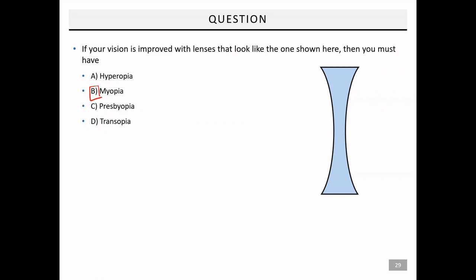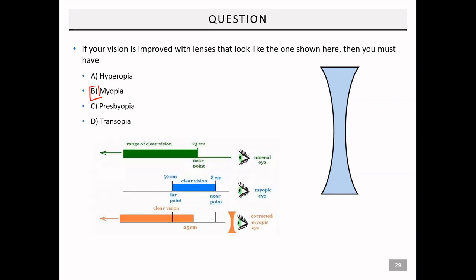So again, if you are nearsighted, then you have diverging lenses to correct your vision. Here's a graphic that I added to show you the range of clear vision for normal eyes and a myopic eye and how it gets corrected. For a normal eye, the near point is generally about 25 centimeters, and anything to the left of that you can see clearly.